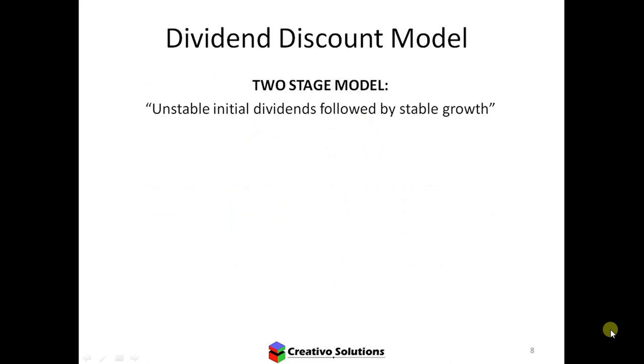There are multiple stages in terms of these models that you can use. You get 2-stage, 3-stage, you could get a multi-stage dividend discounting model. Just remember, all you have to do is draw up a timeline. If you have a 2-stage model, that refers to an unstable amount of initial dividends followed by some sort of constant or stable growth.